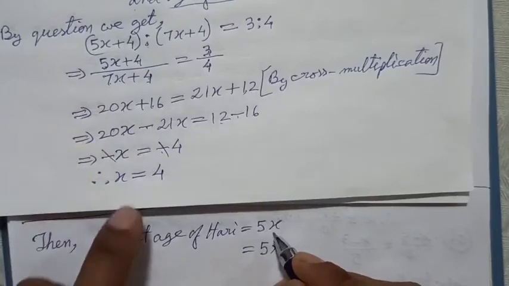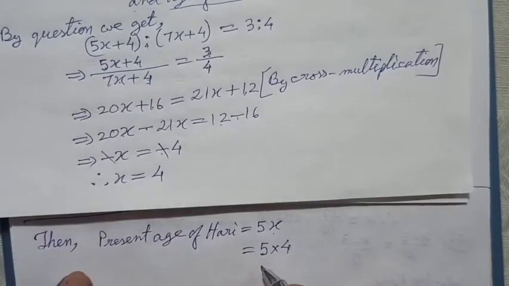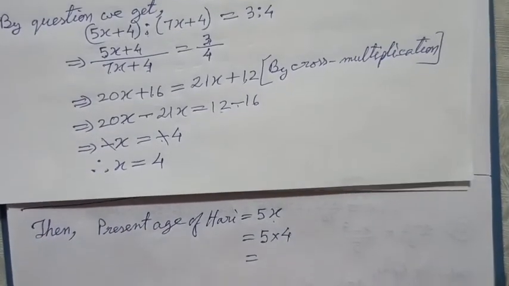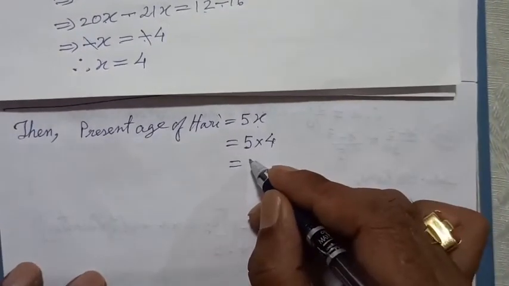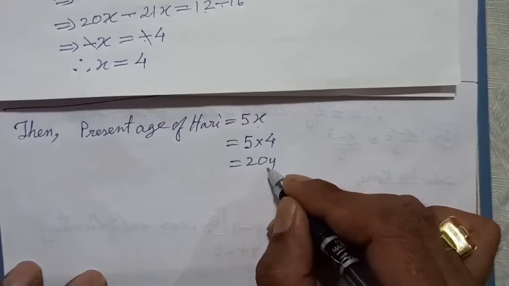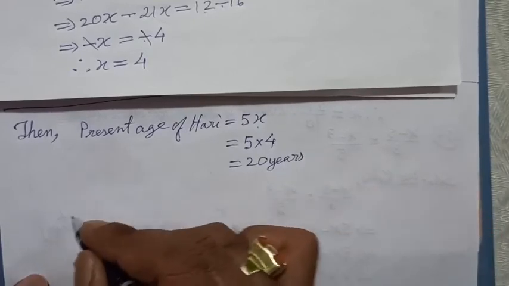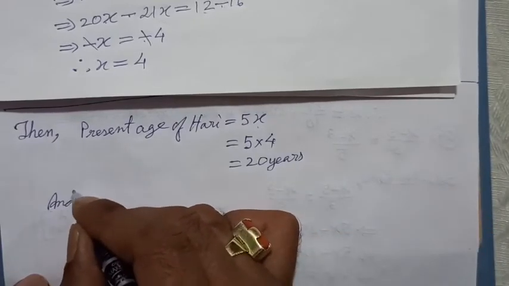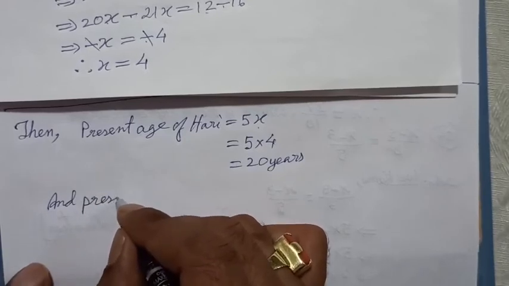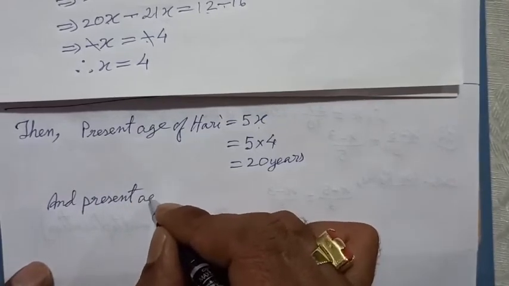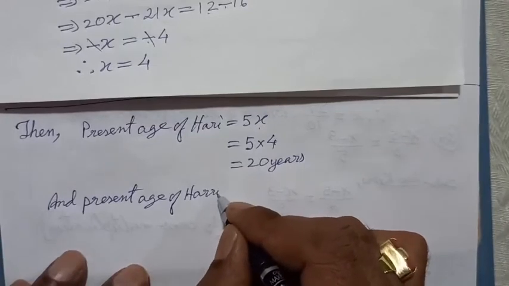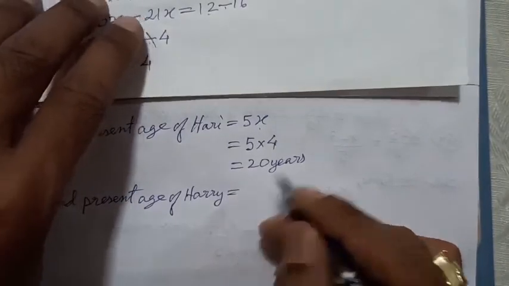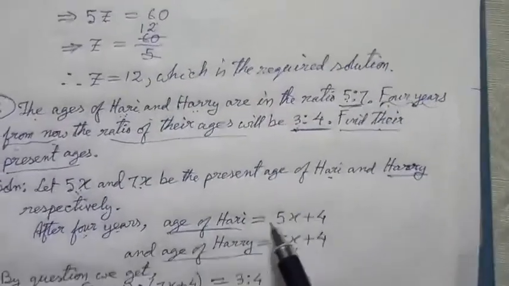5 into x is 4. 5 4 times is 20. So present age of Harry is 20 years. And present age of Harry is 7x.